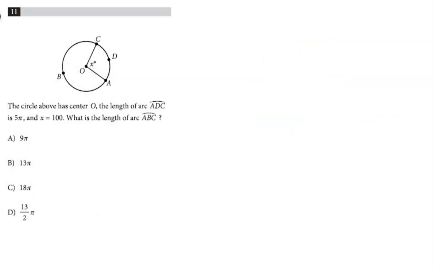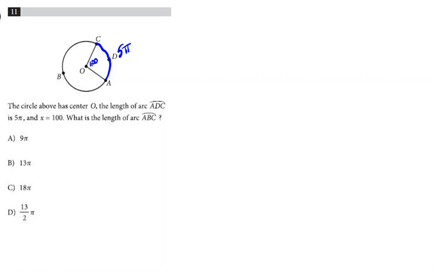Number 11, circle above, center O. The length of arc ADC is 5 pi. All right, so let's slap that on here first. This length is 5 pi. X is 100 degrees. What is the length of arc ABC?